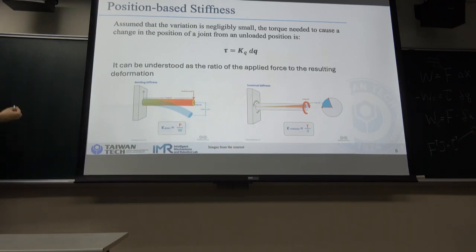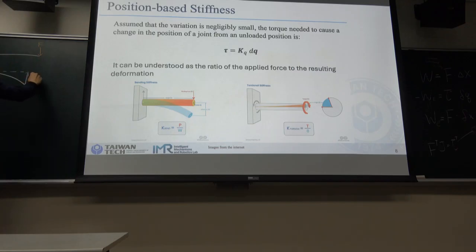So normally there will be two kinds of stiffness. The first one: this is a beam. If you apply a force over here, it will bend. So this is the deformation.